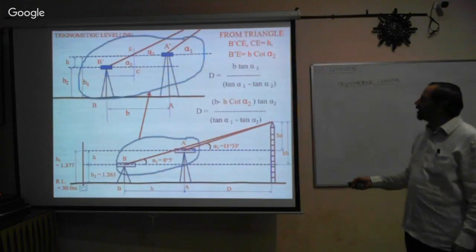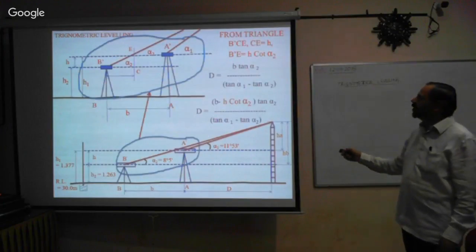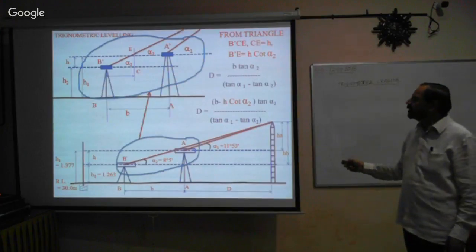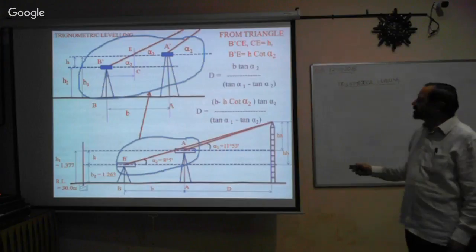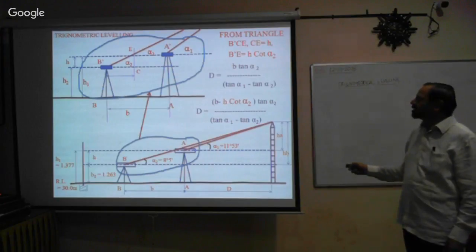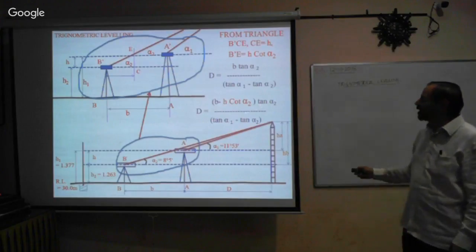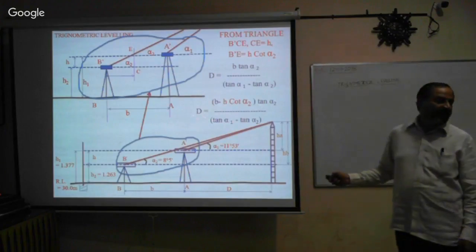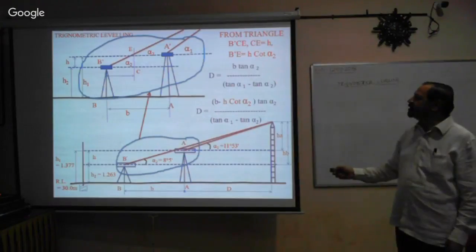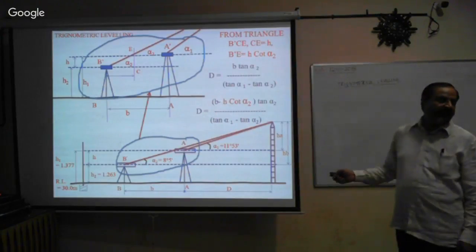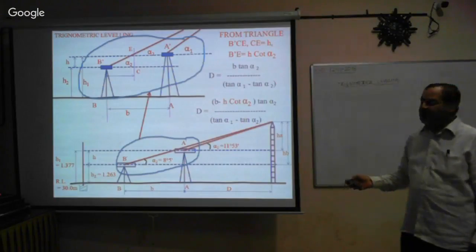Now, substitute: B is known, alpha 2 is known, alpha 1 is known, and S cut alpha 2 is known. Now substitute the values here. The only unknown in the equation is D. In this problem, B is reduced by S sec alpha 2.